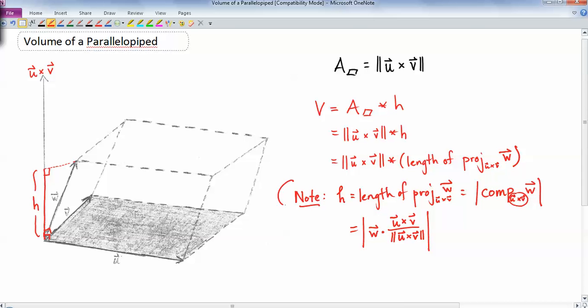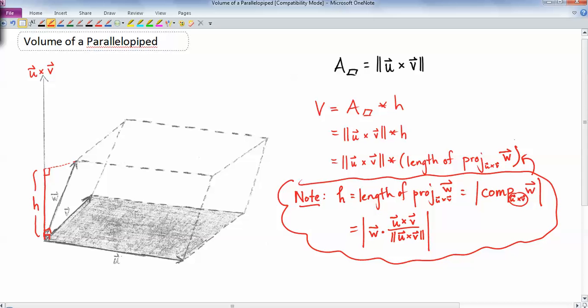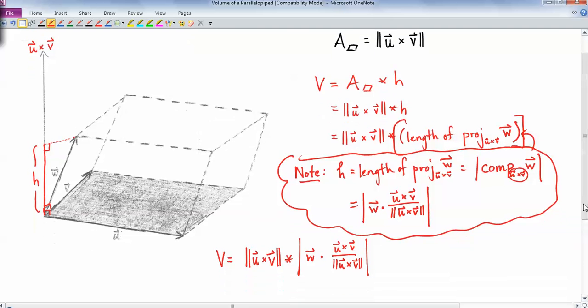So this is just what the H is, which is this part right here. Okay. So I'm going to rewrite this now. V equals the magnitude of U cross V, and then times this absolute value thing right here, W dot U cross V over magnitude of U cross V. And then we can do a little bit of manipulation with this thing.